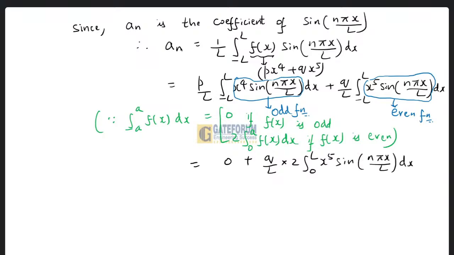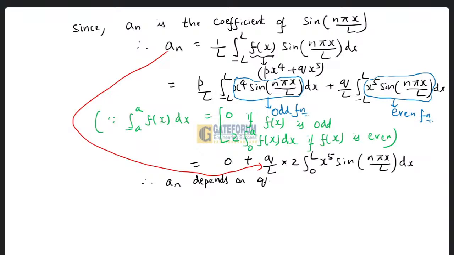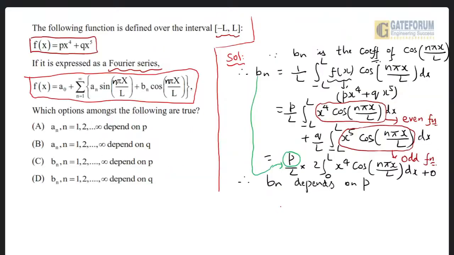Now just see this. We have to check whether an depends on q or not. So therefore, an depends on q, and bn depends on p.